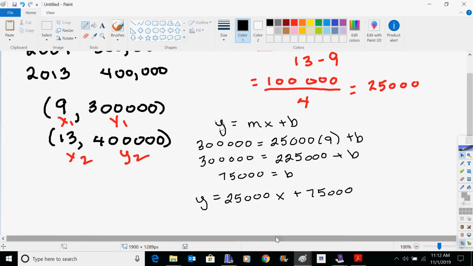And then just to think it through as far as what these things represent, 25,000 represents what?